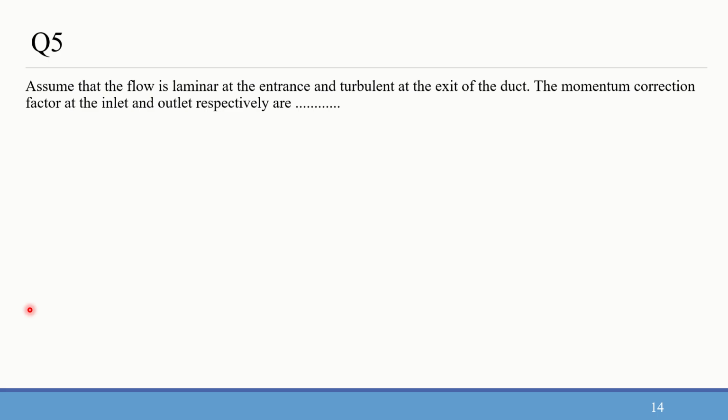We can use that and get the values, or otherwise it is mostly in the range of around 1.3 for laminar and 1.03 for turbulent. Here I haven't shown the derivation or a step-by-step process. If you want, you can try that as well. You will end up with similar results.